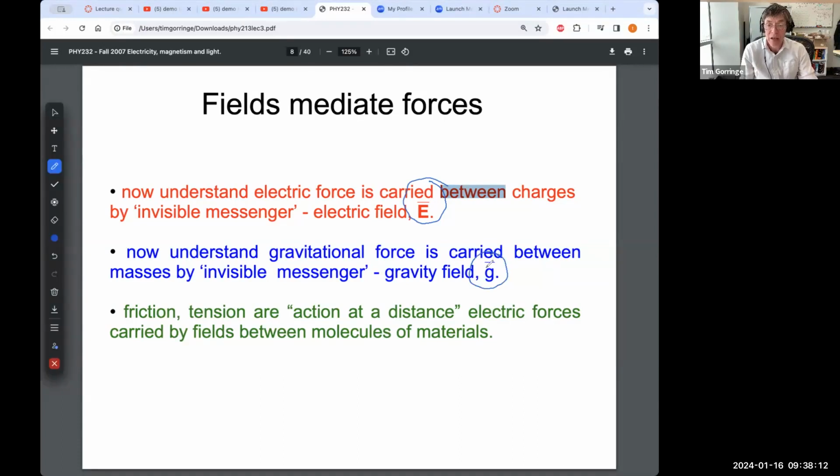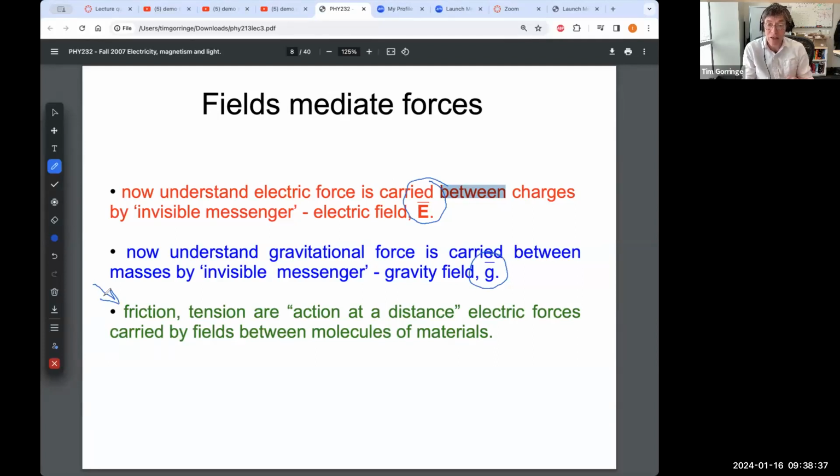What is sort of funny, physics funny, not real funny, is that those everyday forces, friction and tension, that were understood as simply contact forces, forces due to things being in contact with one another, are actually action at a distance electrical forces.